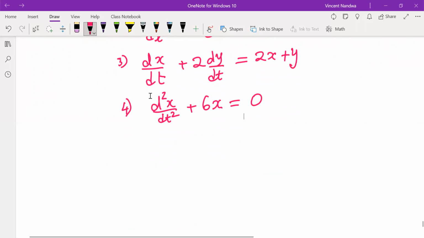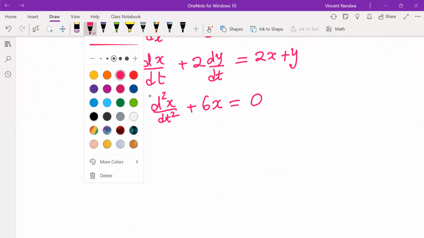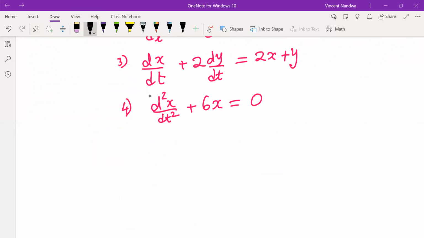And then let's define what we mean by the term PDE.